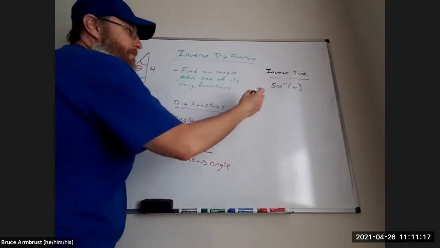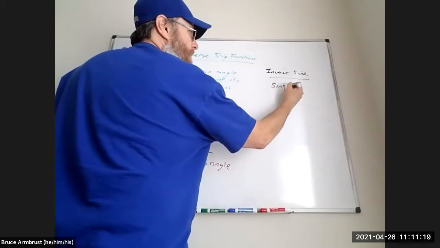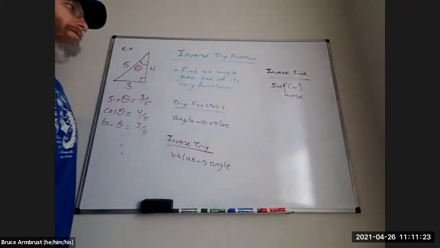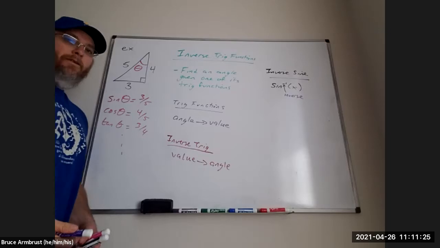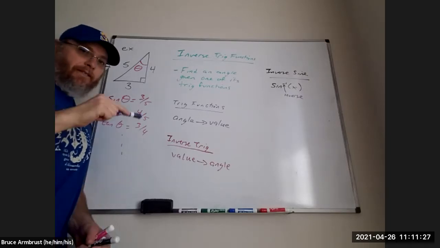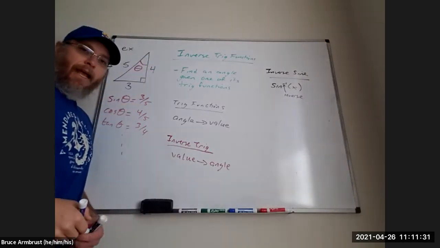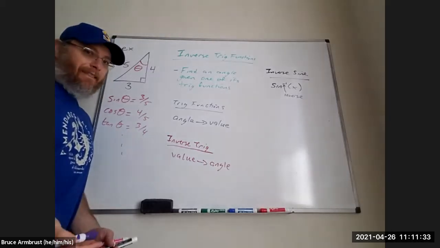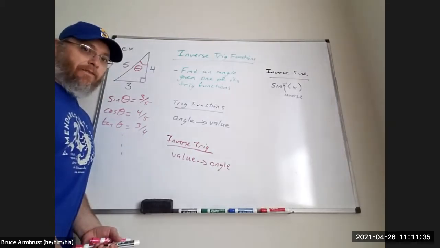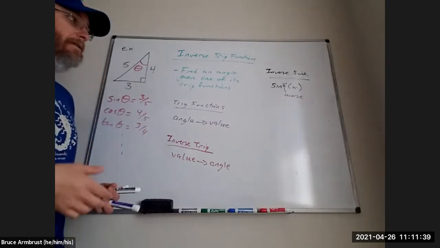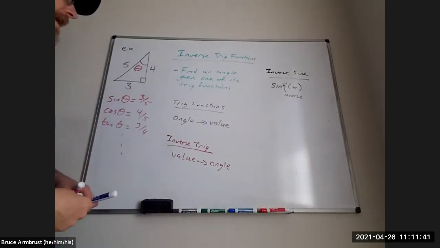And this piece right here, that's what's telling us that it's the inverse. Okay. So inverse sine, we're going to write sine with a little -1 of x. And all of the other ones are going to be written exactly the same way. You want inverse tangent? Well, it's going to be tangent with a little -1 and then an x.